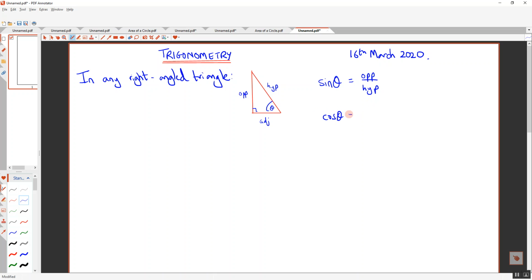Cos of the angle is equal to adjacent over hypotenuse. So this is all stuff from last year. And tan of the angle, yep, opposite over adjacent. These will be given to you in the formula booklet, so you don't need to remember them. And like I said, we did some review on that last week.